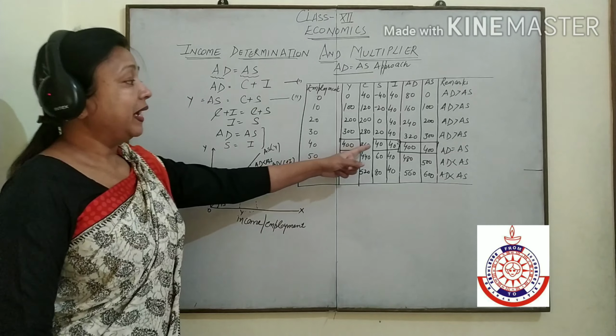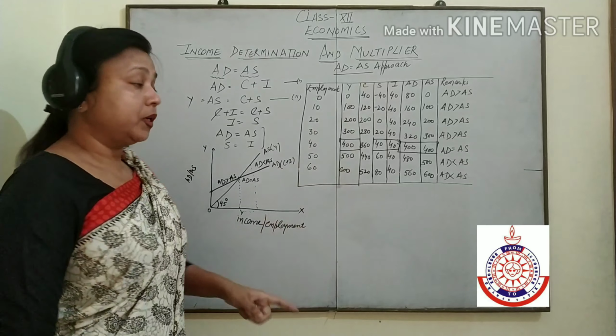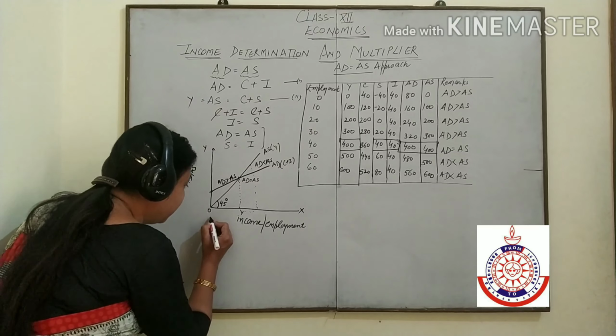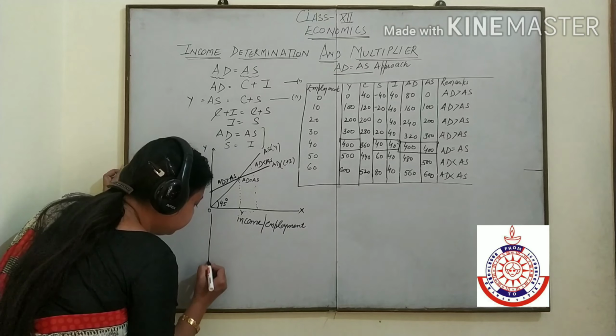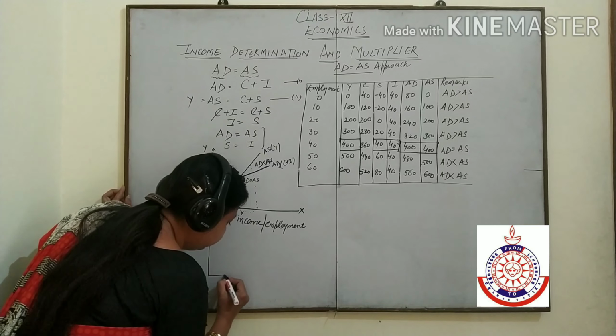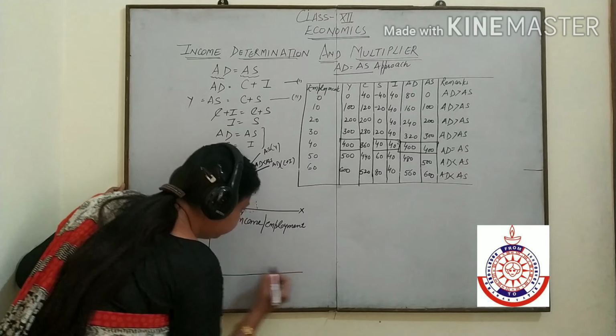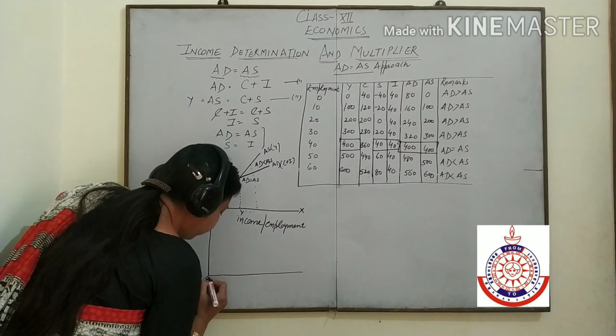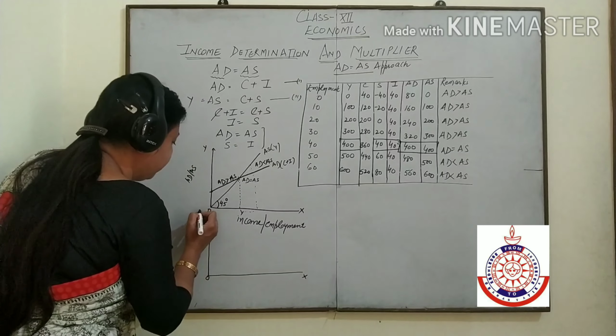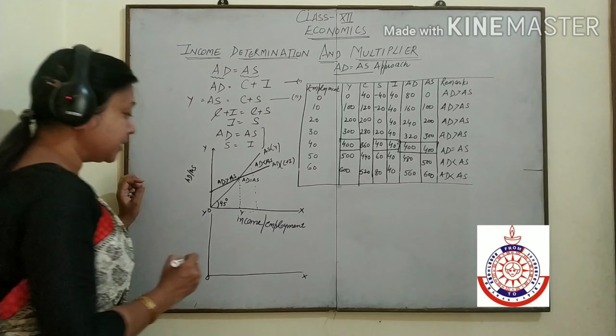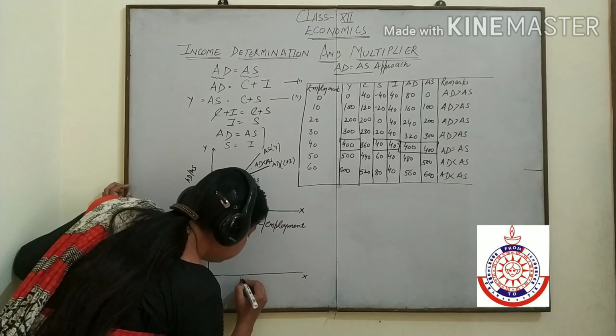We can also express saving and investment using the diagram here. On the OX axis, we have to show the income.